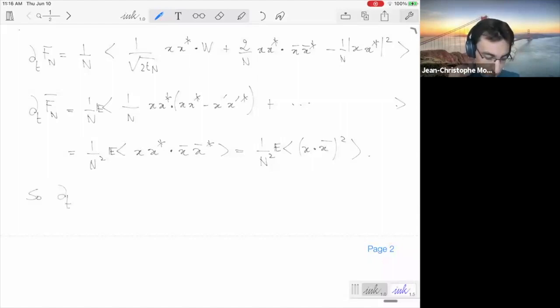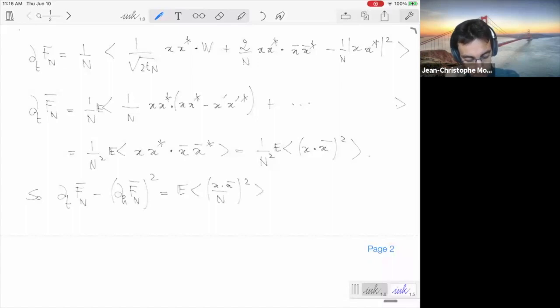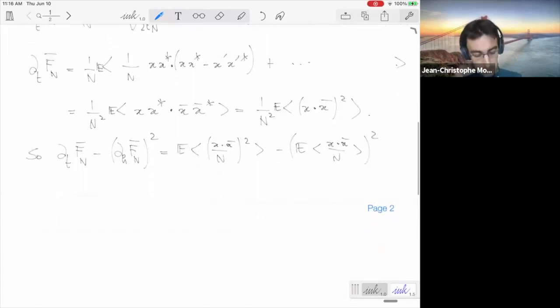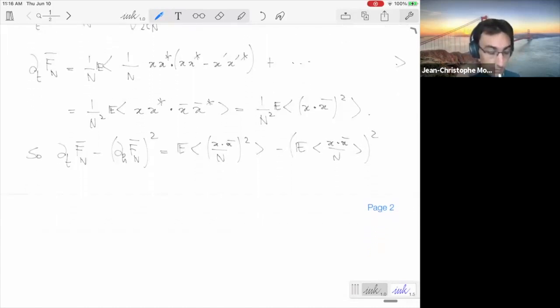Let me write this. So dt fn bar minus dh fn bar squared. This is the expectation of x dot x bar divided by n, squared, minus the expectation, then squared. So in other words, it's the variance of this x dot x bar divided by n.